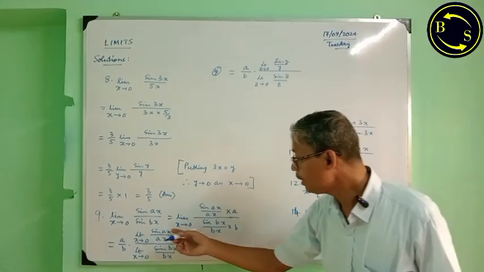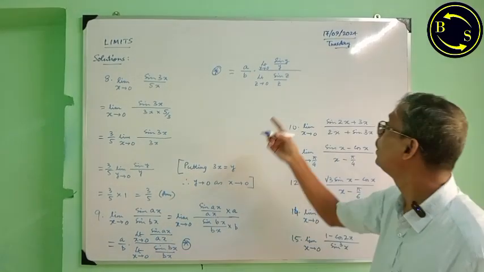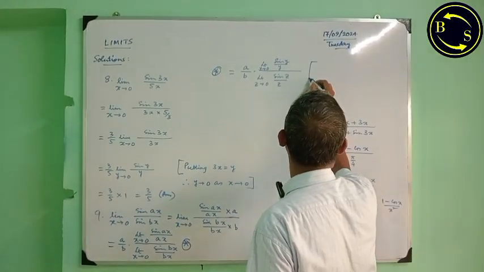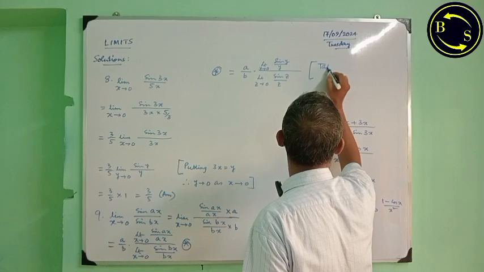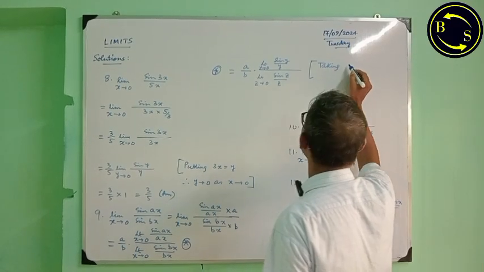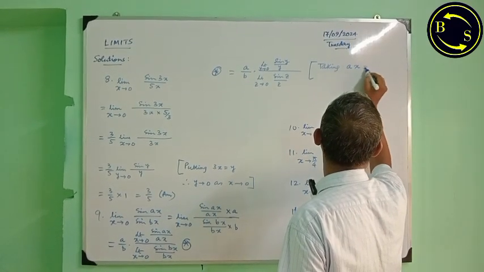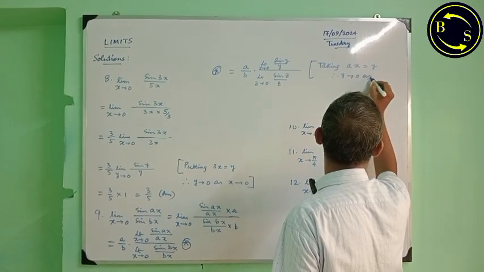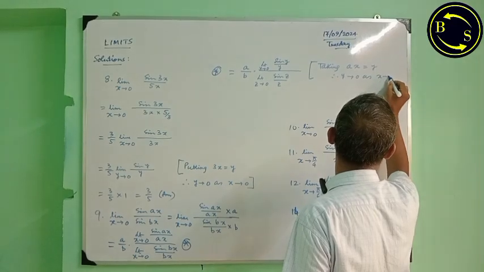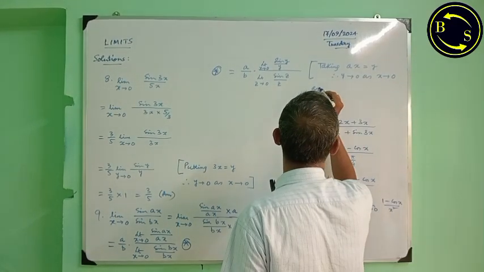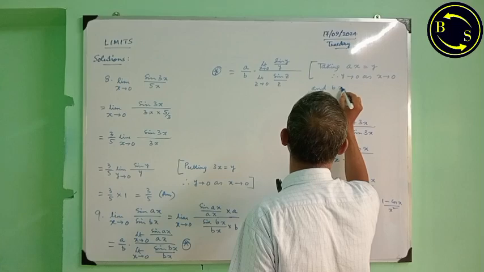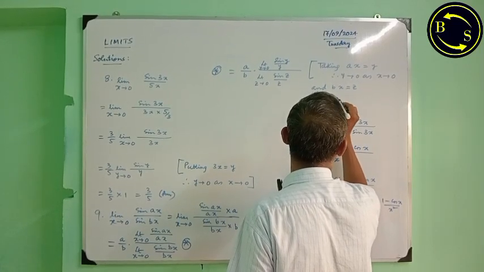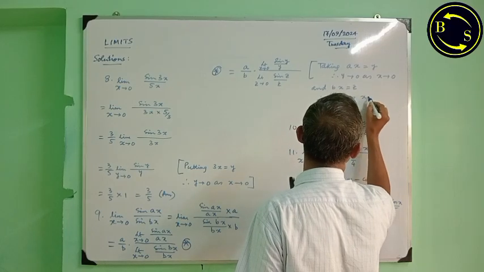You see, if I take ax as y, then y tends to 0 as x tends to 0. Taking ax equal to y, therefore y tends to 0 as x tends to 0, and bx equal to z, therefore z tends to 0 as x tends to 0.